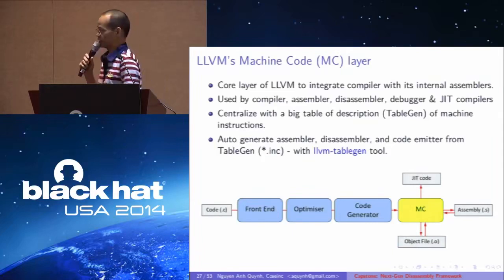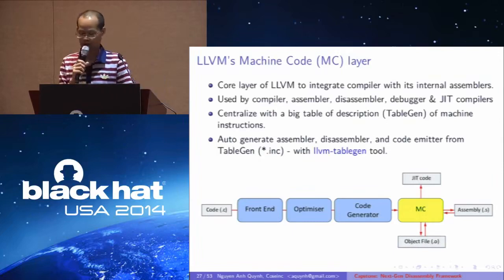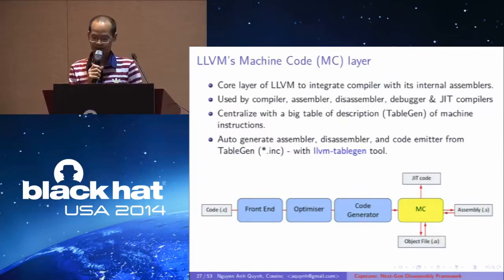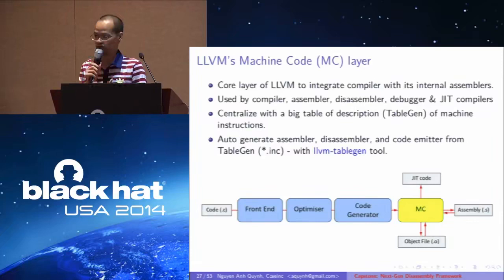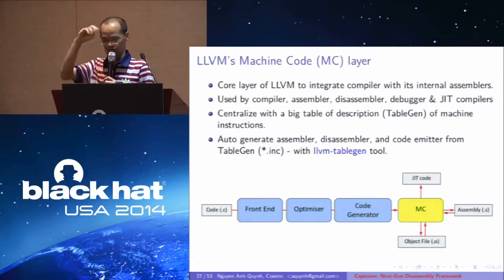After that, LLVM uses one tool named LLVM TableGen to generate code from the TableGen files. And the results are many .inc files for all the architectures. Those .inc files are used by the assembler, disassembler, and code emitter from LLVM.